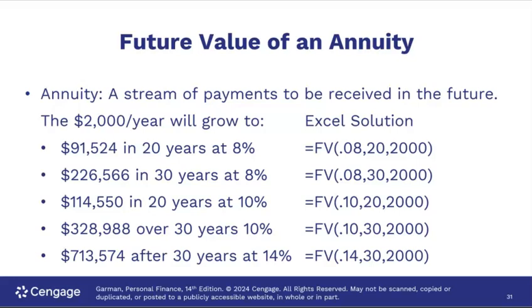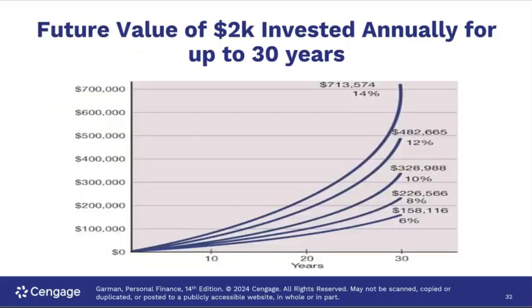So the next slide shows what those investments look like over time, up to 30 years. So $2,000 a year invested each year for 30 years.